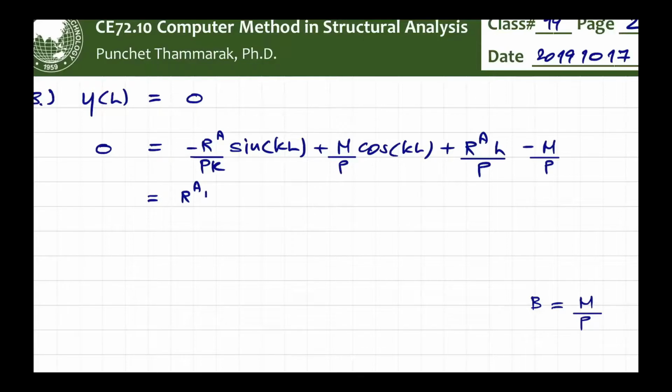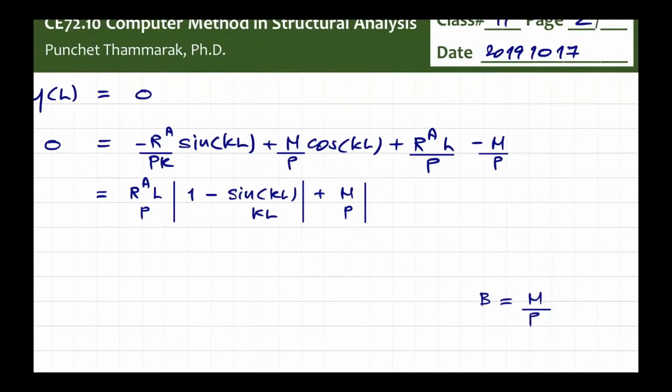RAL over P, we have the bracket here: RAL over P, you get 1 minus sine KL divided by KL, and then plus M over P, cosine KL minus 1.